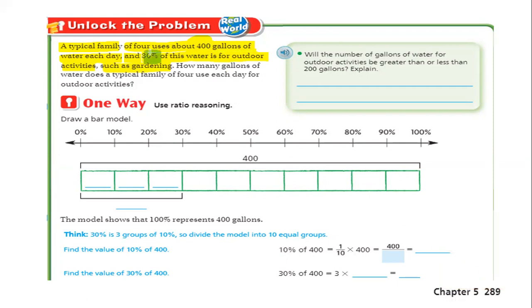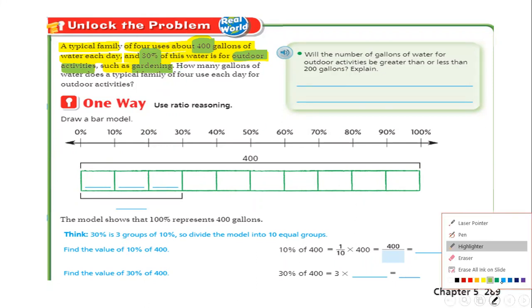Again, focus, please. 30% of this water of 400 gallons is for outdoor activities such as gardening. Do you know how you care about the flowers, about the vases? You use water to water them, right?